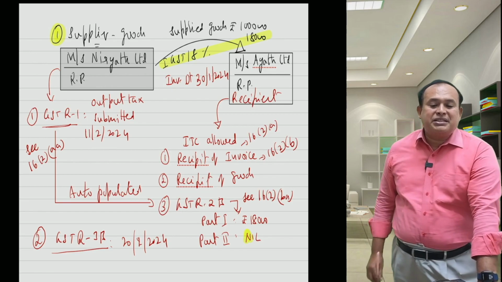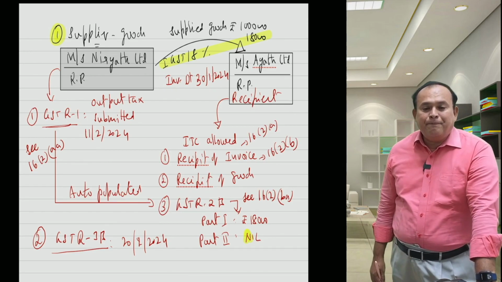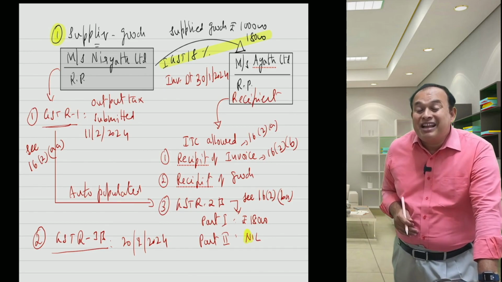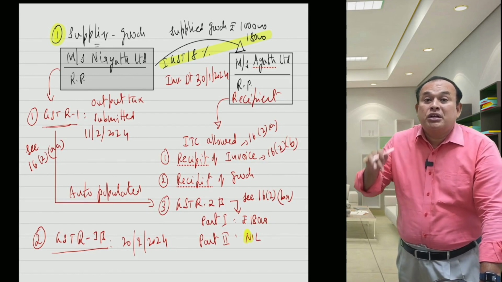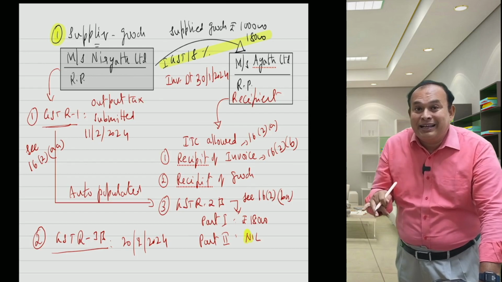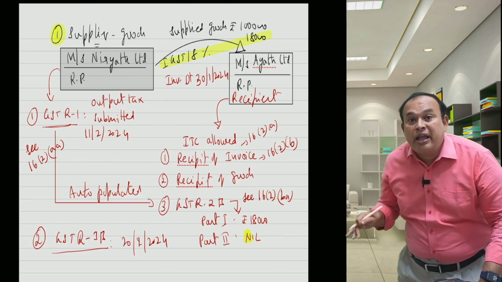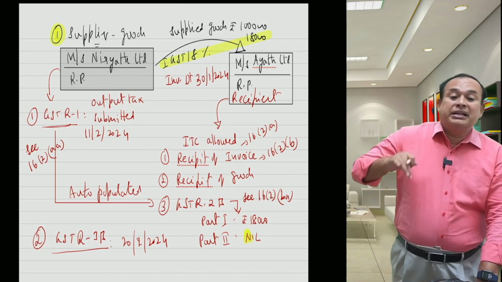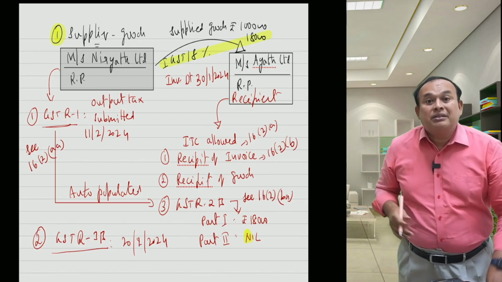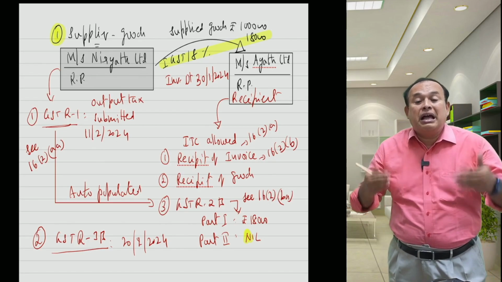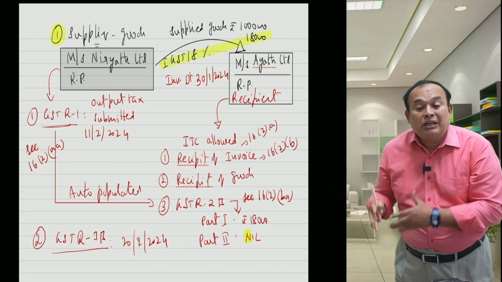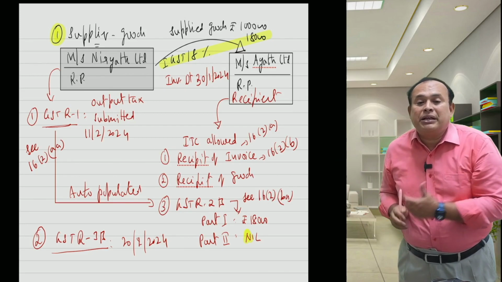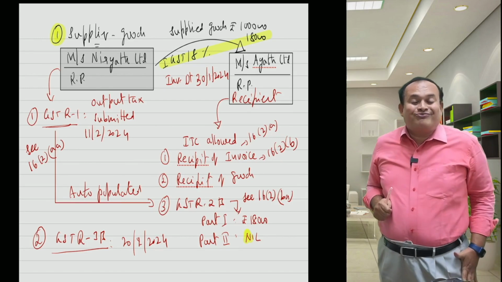While filing the GSTR-3B, he should show the liability shown in the GSTR-1 return. Suppose in the GSTR-3B return he shows nil liability, but the GSTR-1 return shows liability of 18,000. That means the GSTR-1 liability is more than the GSTR-3B. If so, the recipient Ayat Limited cannot avail the input tax credit.